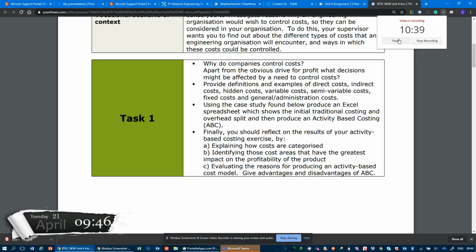Hidden costs. Hidden costs are a difficult one, and despite what you might read in some of those web links, hidden costs are costs which, well, clue's in the name really. They're hidden. You think, well, where's all my money going? And you have to look and look and look, and then it's like, oh, right, okay. So they're not immediately obvious.